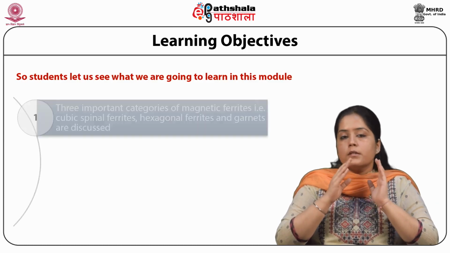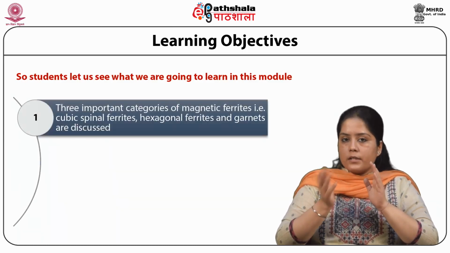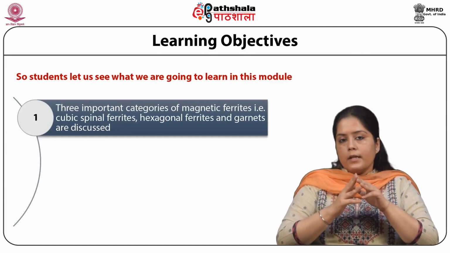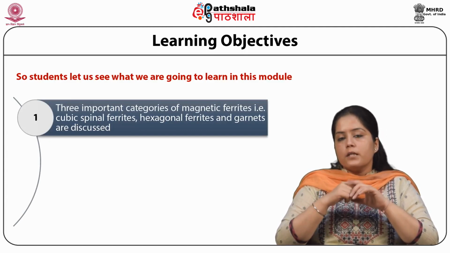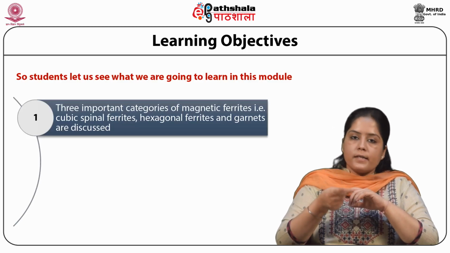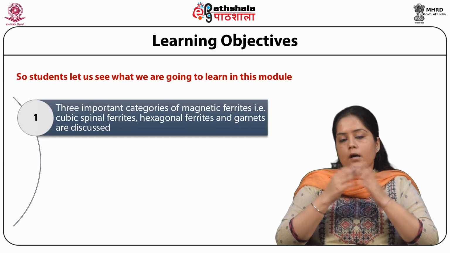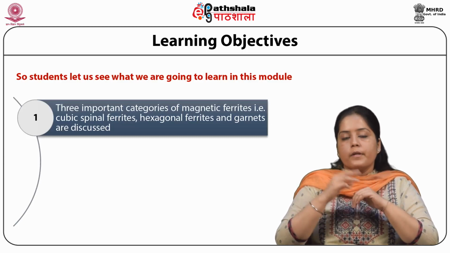First, the three important categories of magnetic ferrites, that is, cubic spinel ferrites, hexagonal ferrites, and garnets are discussed.